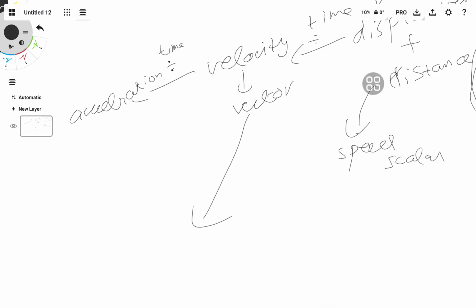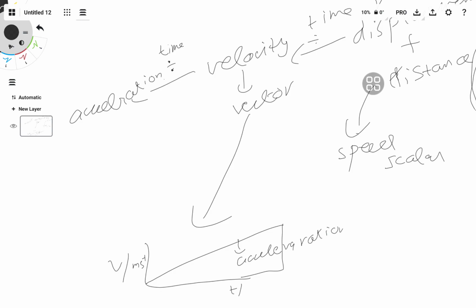Next, velocity time graph, we will have v in meters per second against time t. If we are like this, the gradient would equal acceleration, because this is the same as previous, where we divide velocity by time to get acceleration.